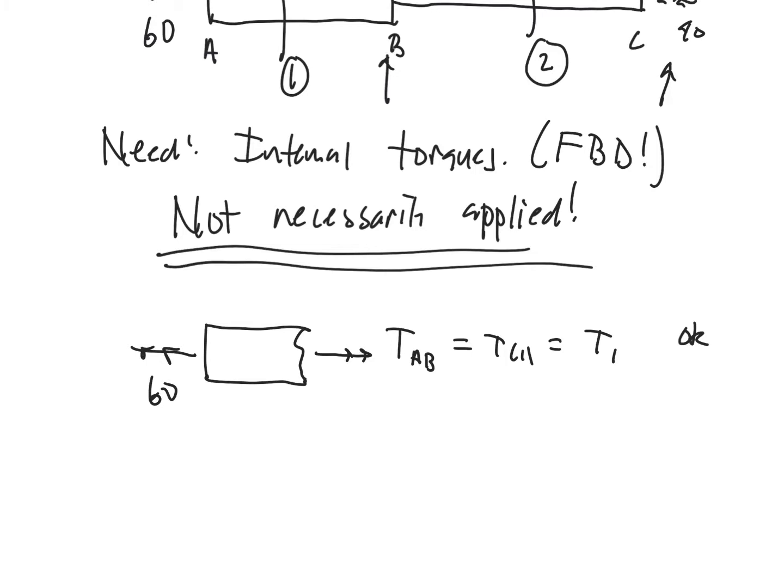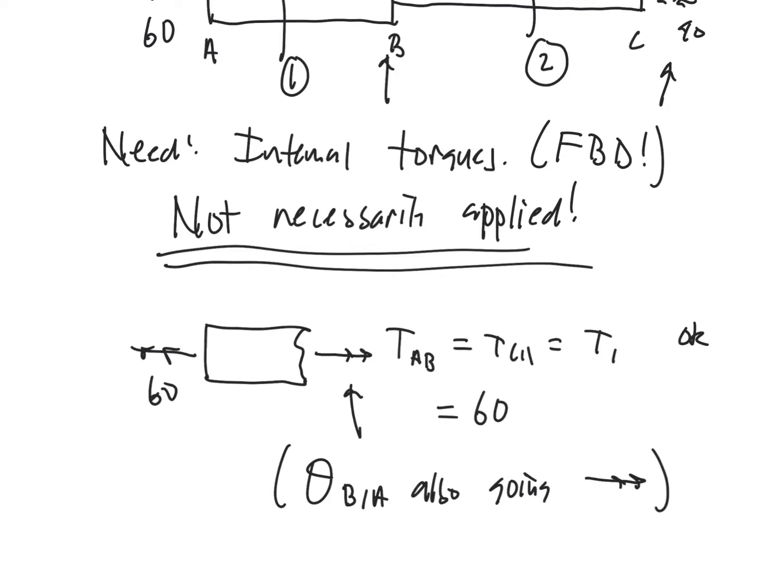Now, this statics one is easy. Notice the T_AB is equal to 60. In other words, that's the direction that it's going. So the torque is going in that direction using the right-hand rule. And that means the theta is also going to go in that direction. So we'll put parenthetically that the twist of B relative to A is also going this way, and we'll need that a little bit later.